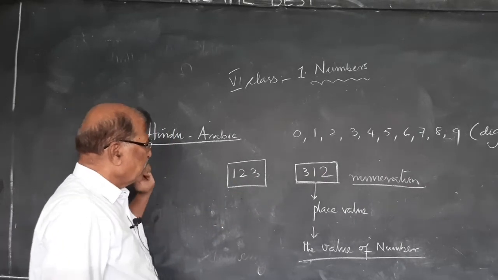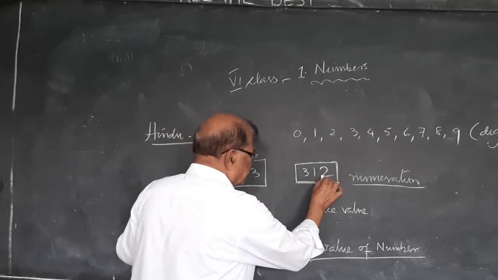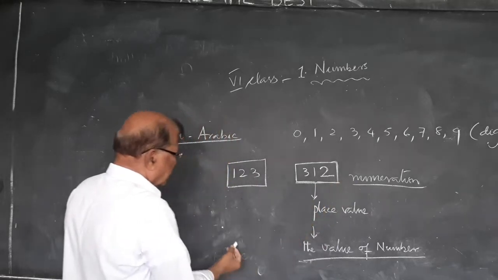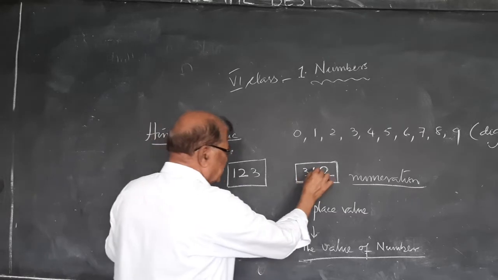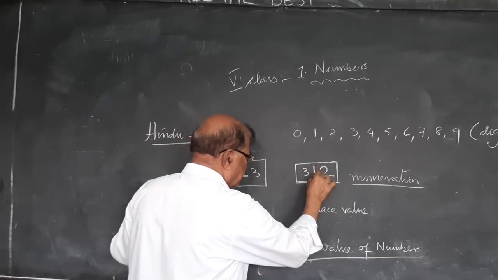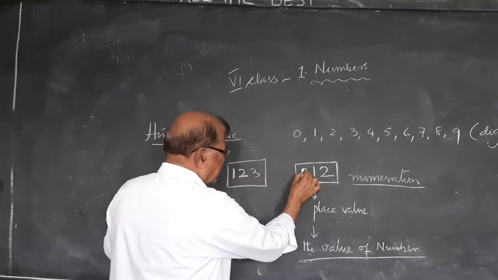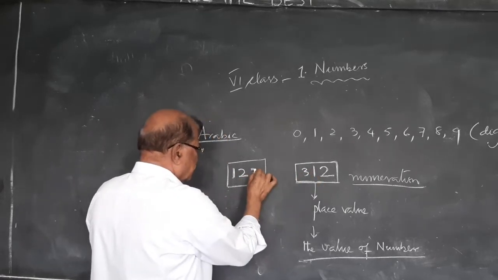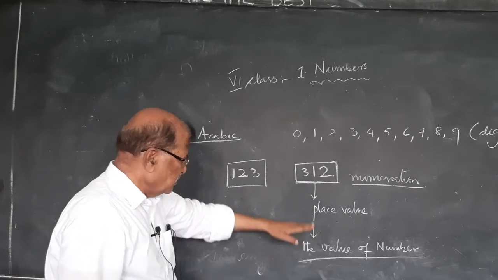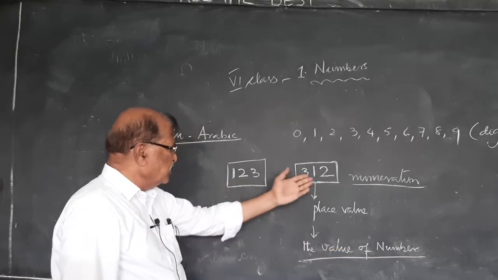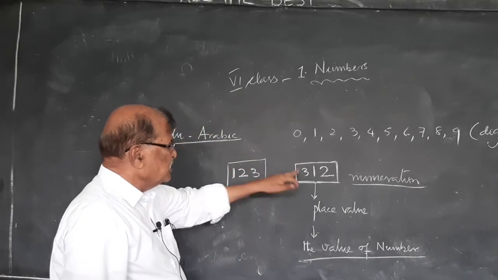For example, 2 is in the units place in one number and in the tens place in another. 1 is in the tens place here and in the hundreds place there. 3 is in the hundreds place here and the units place there. The same digit 3, wherever you go, 3 is 3. But as the place changes, the value changes.